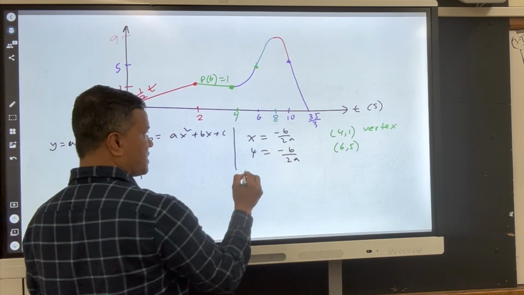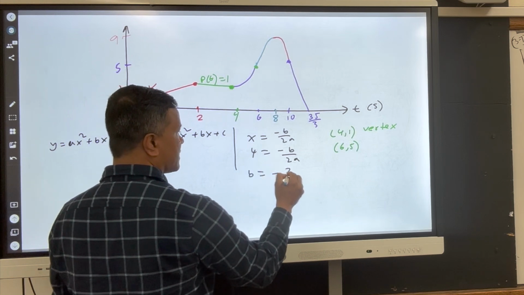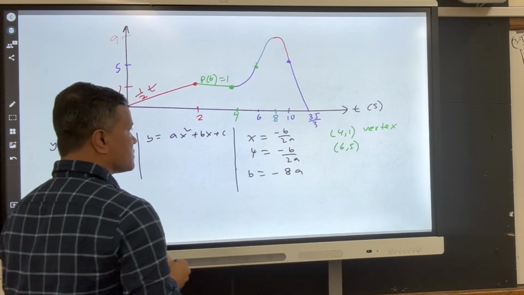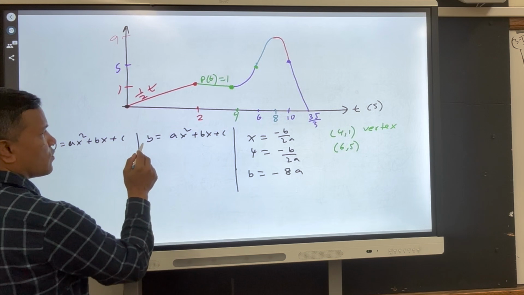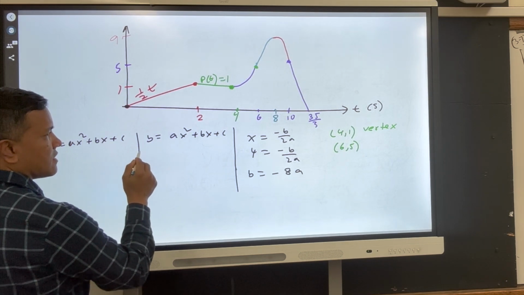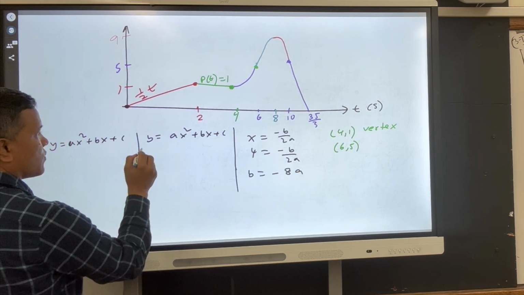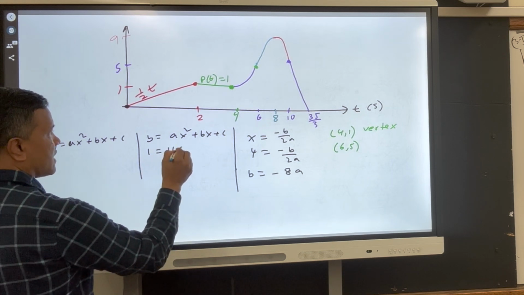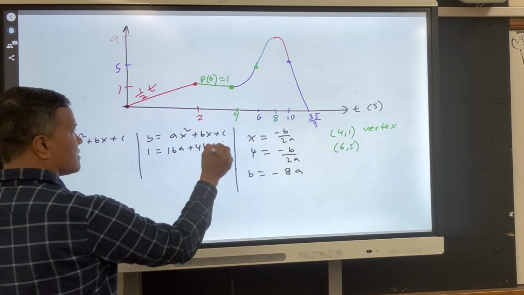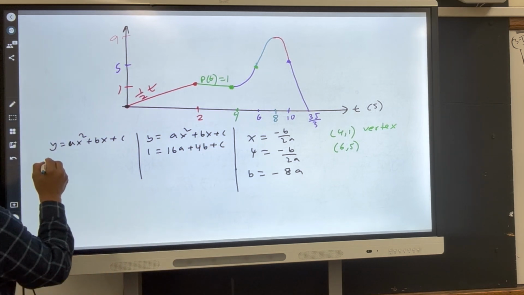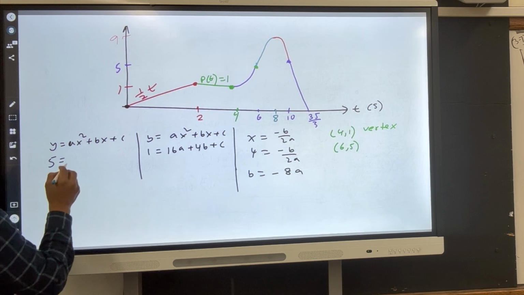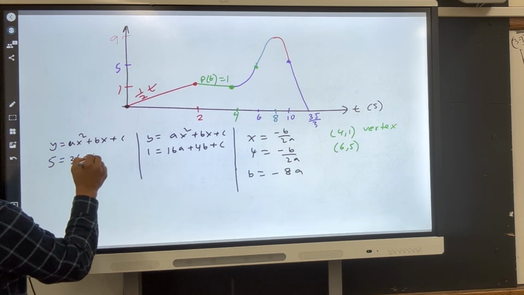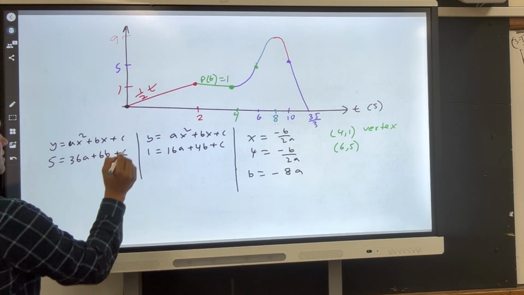So b is equal to negative 8a. Now let's do the points. y is 1, x is 4, so 16a plus 4b plus c. y is 5 and x is 6, so 36a plus 6b plus c.